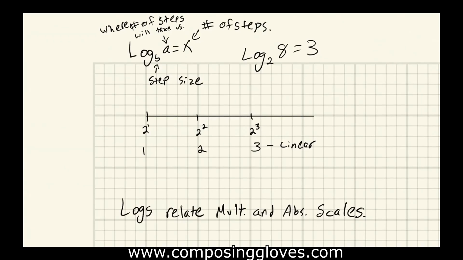But we now see, oh, log base b. And then we have some number of steps. So we have 3 steps. So this can be seen as linear. This is our linear scale. This is how our linear scale fits into this. Linearness happens here. And then we say, oh, well, this winds up at 8. This is where the logarithm comes from. That's why we say we take the log of some number a, and that will give us a corresponding value on a linear scale.